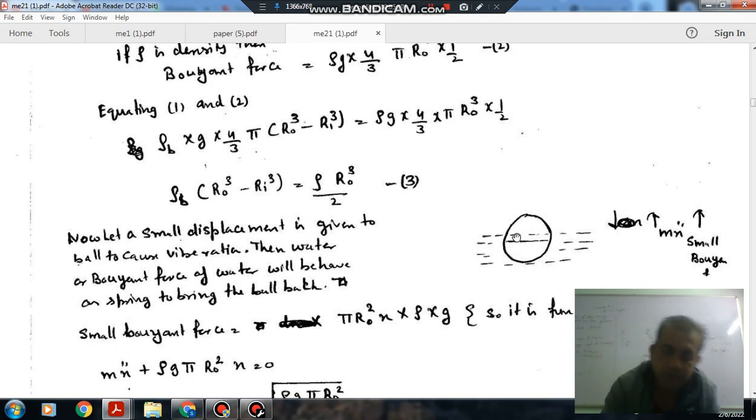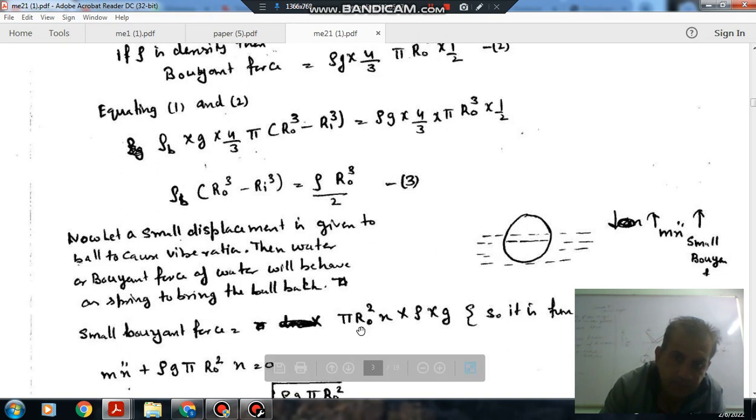Now, as the ball is submerged in water by a small amount x, more water will be displaced, so there will be an increase in buoyant force also. That small buoyant force caused by the displacement x of this ball inside the water acts in the upward direction.